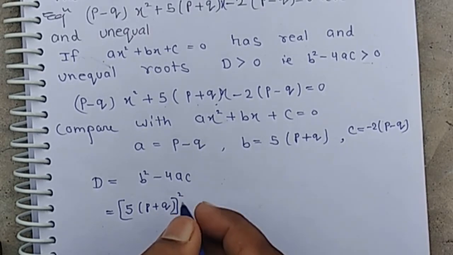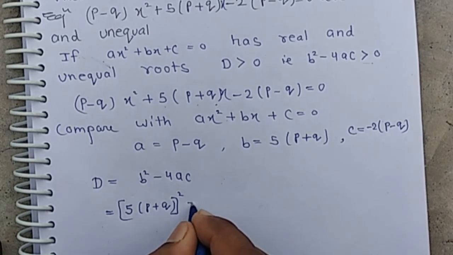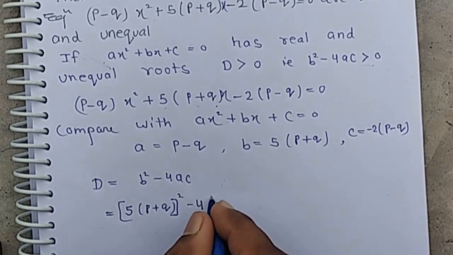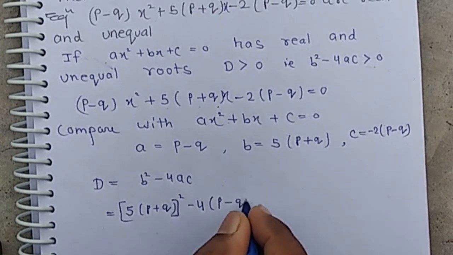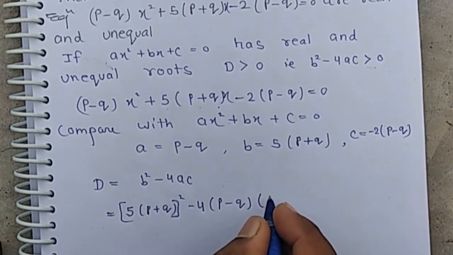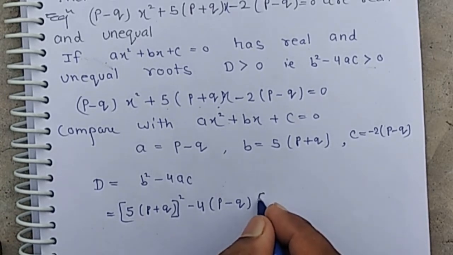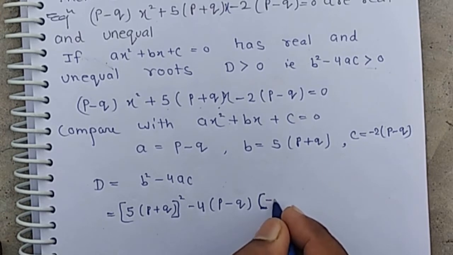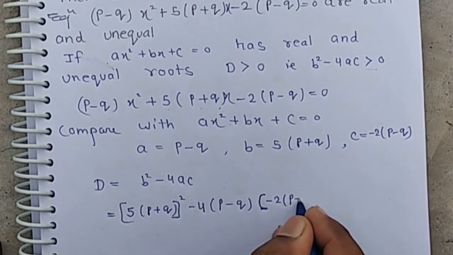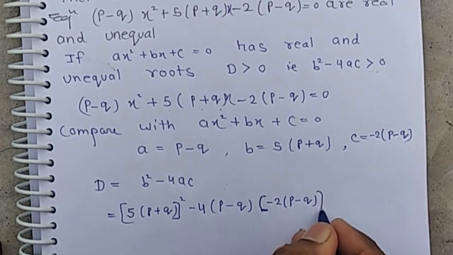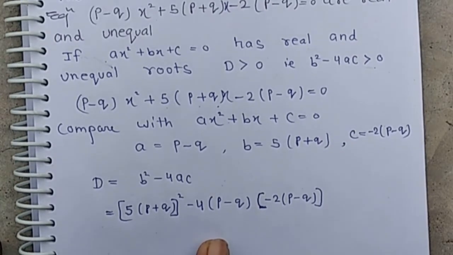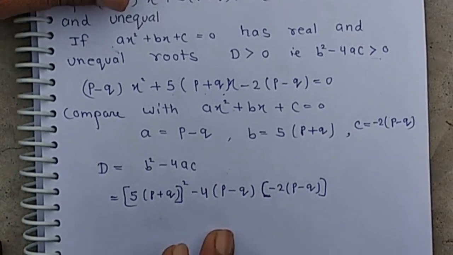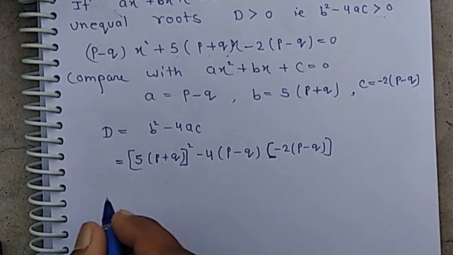Minus 4, the value of a is p minus q. And c is the constant term in the given equation. We have minus 2(p minus q), the term which is independent of x or does not contain x.